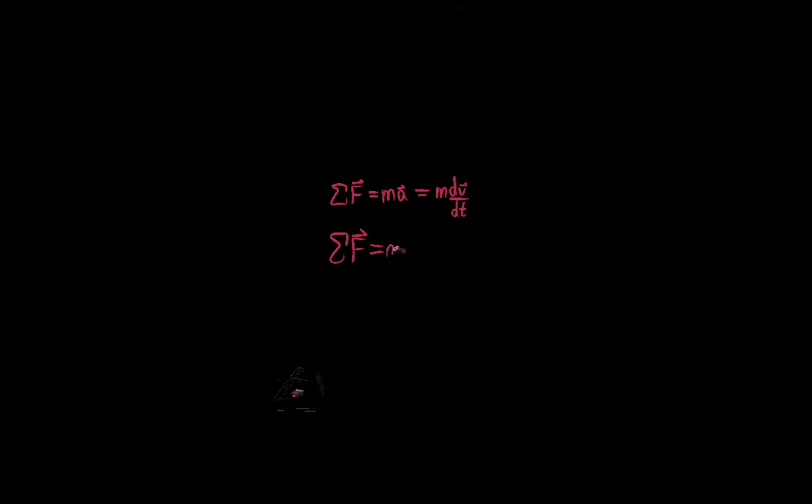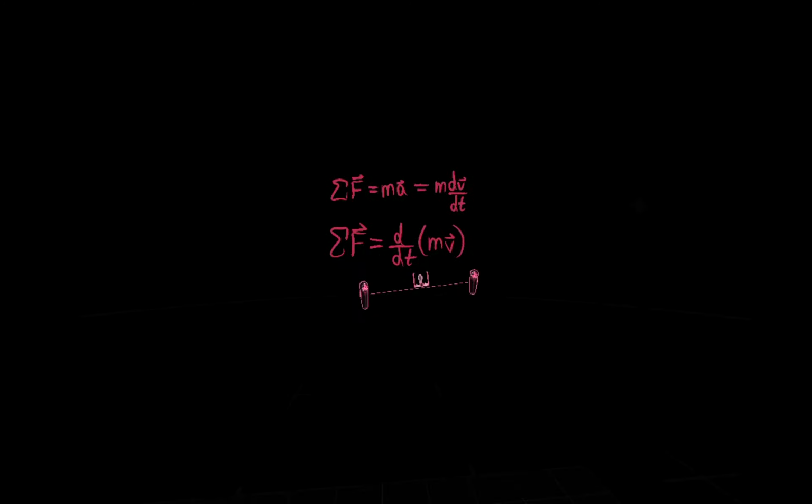Sum of the forces is equal to d/dt of ma, or mv. This quantity mv is the momentum. It's that simple. We're done.